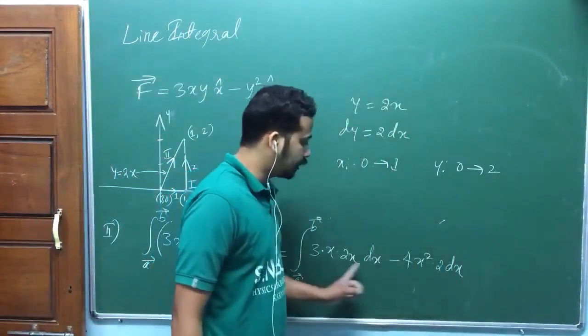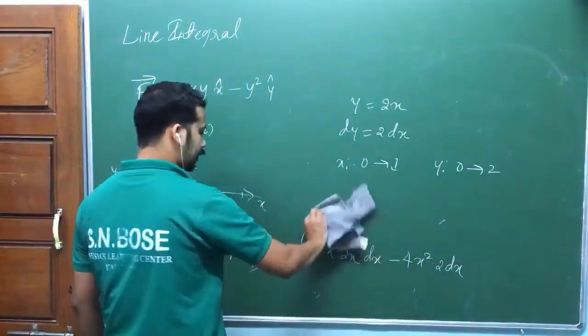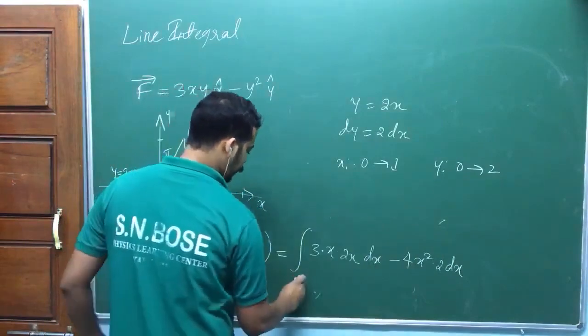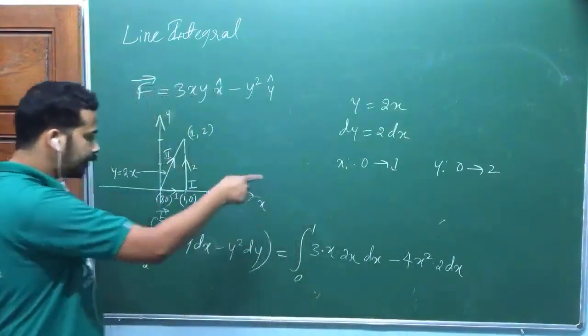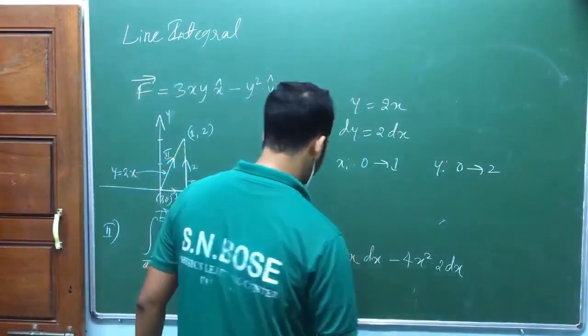Now look at here. I have converted the entire thing into x variable. Now, how does x vary? When you go from point A to point B, x is varying from 0 to 1. Can you quickly do this one? Can you tell me what is this answer?